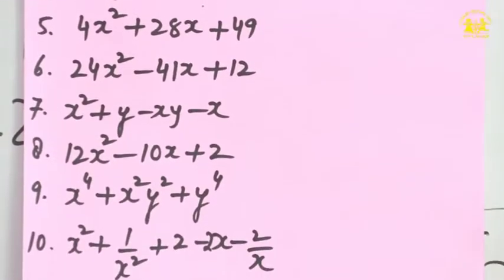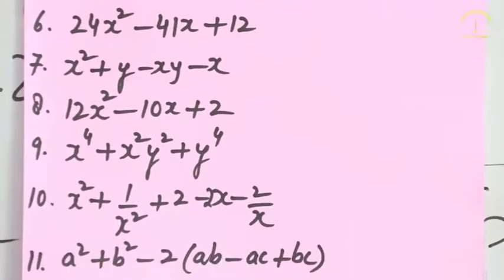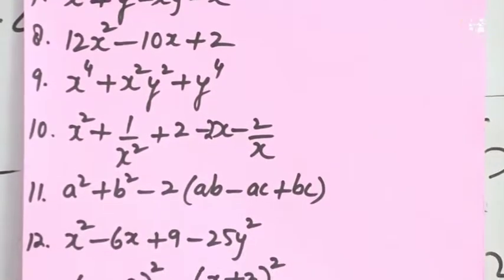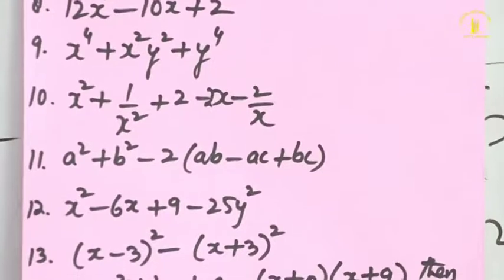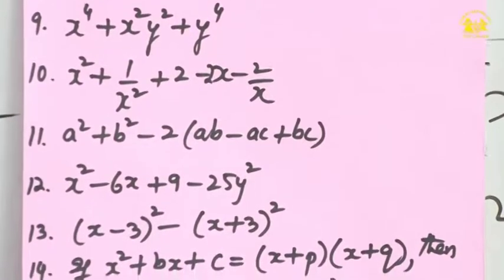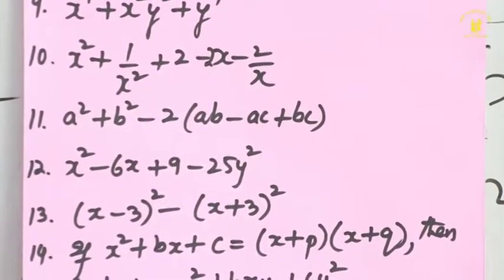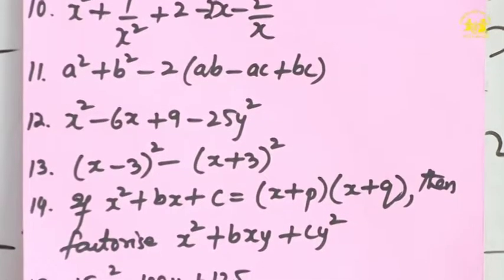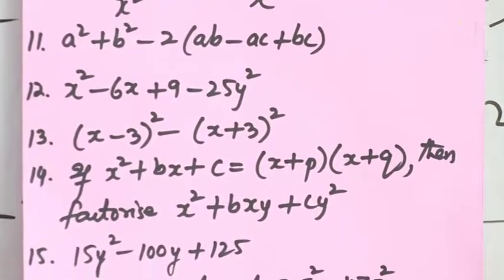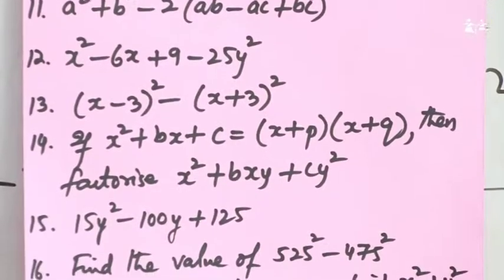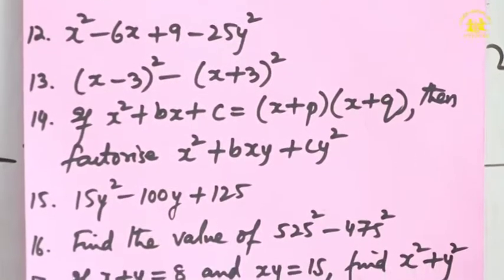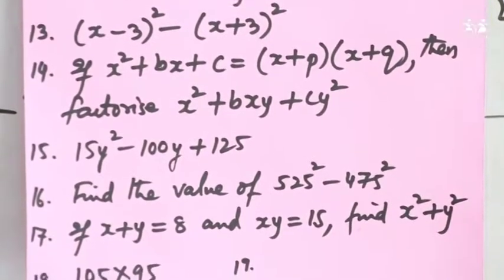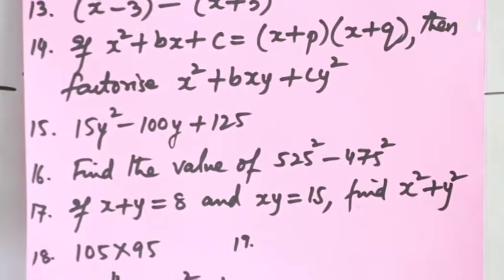Question numbers 11, 12, 13 we have done. Question number 14 is quite a challenging one, asked in a slightly different way. Question number 16 we have done. Question number 17 is again asked in a slightly different way. Question number 18 is slightly different, and question number 19 is also asked in a slightly different way.